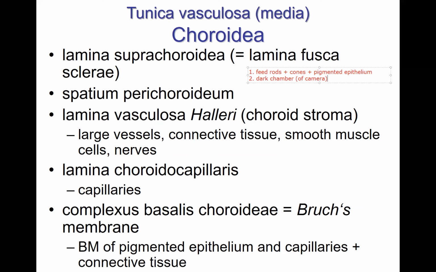So the light which reflects, which rebounds, is absorbed and does not irritate other cells. That's why there are so many melanocytes, and the melanin prevents the reflection of the light.